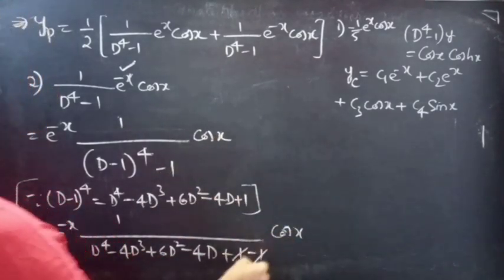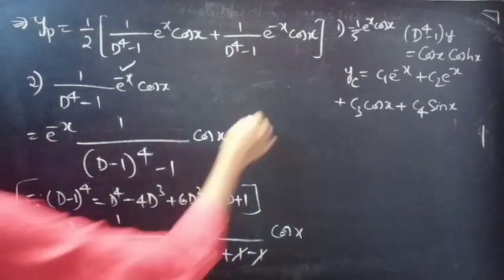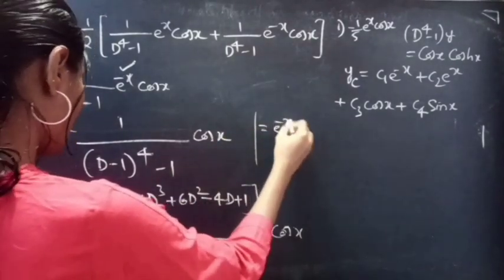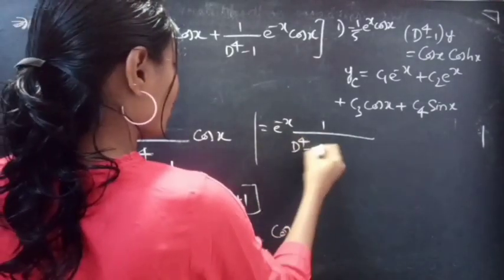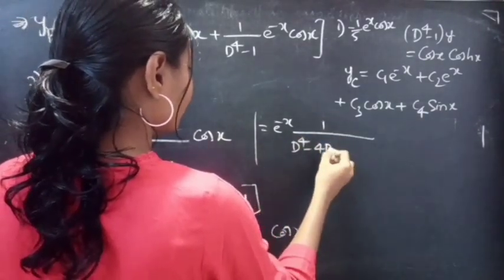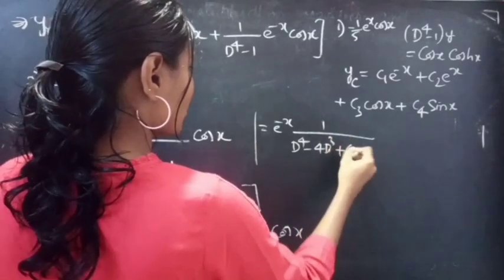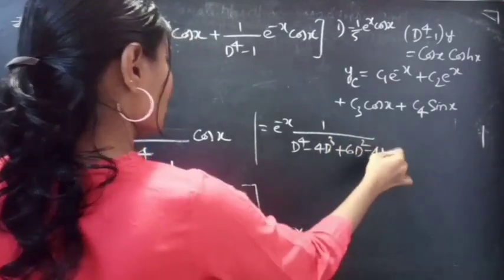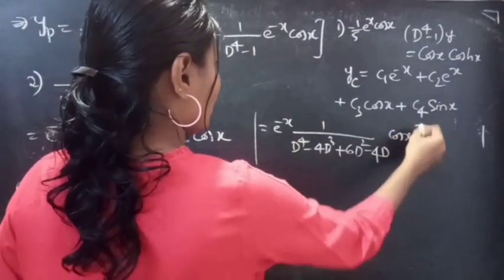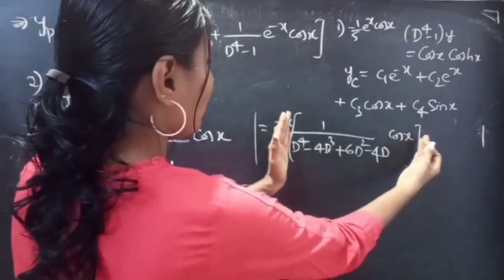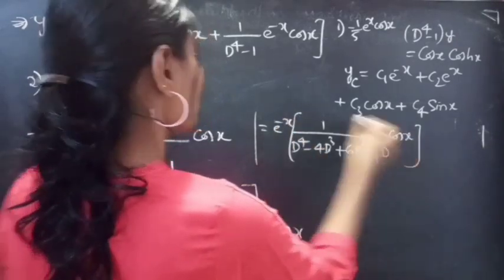Here plus 1 minus 1 gets cancelled and we'll get e power minus x into 1 by d power 4 minus 4d cube plus 6d square minus 4d, right, into cos x. And this is of 1 by some function of d into cos bx form.